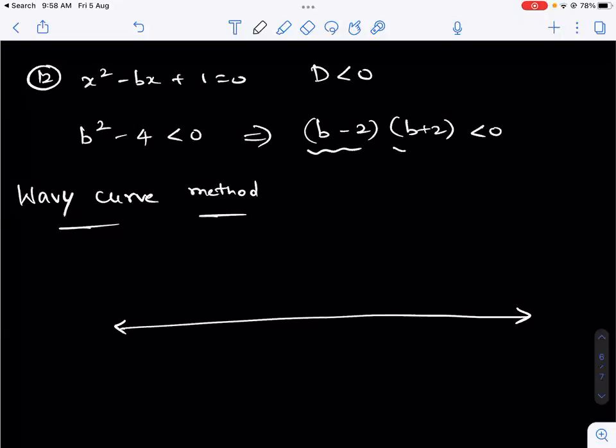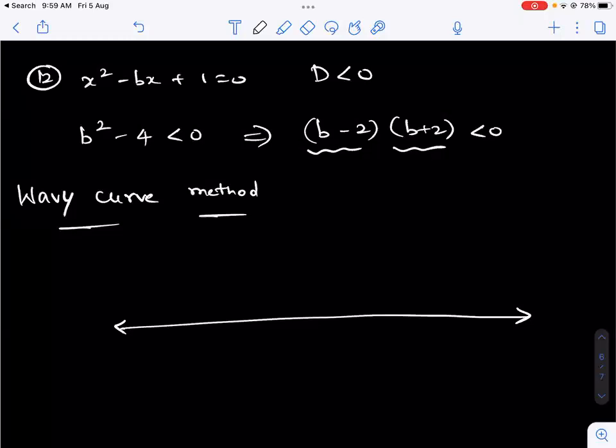When you have (b minus 2) into (b plus 2) is less than 0, the meaning of it is b minus 2 is a factor, b plus 2 is a factor, and the product of these two factors is less than 0. When can the product of two numbers be negative?